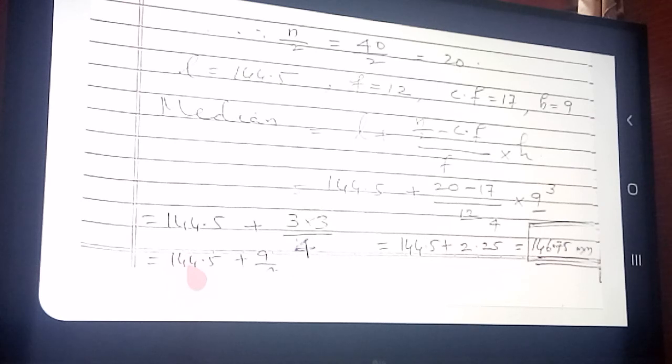So 144.5 plus 9 by 4. 9 by 4 value is 2.25. Therefore, your answer is 146.75 mm. So the median of the length of the leaves is how much? 146.75 mm.